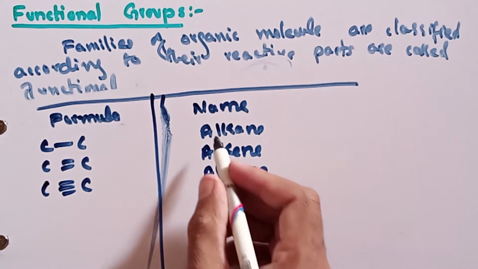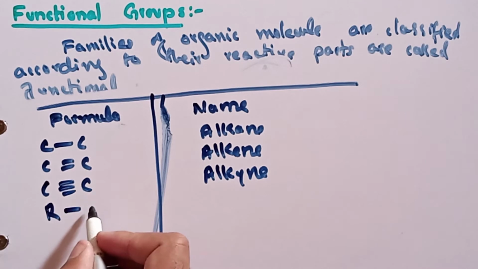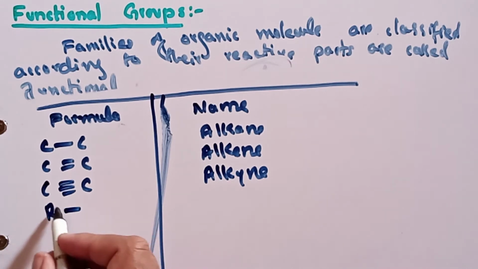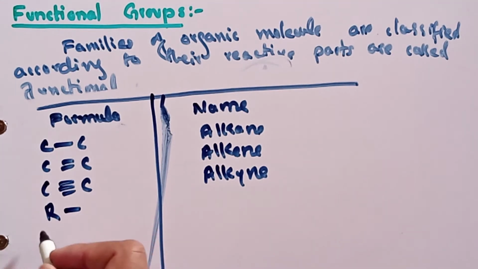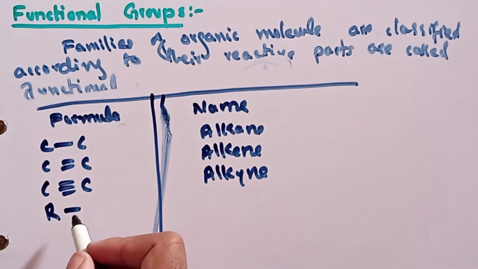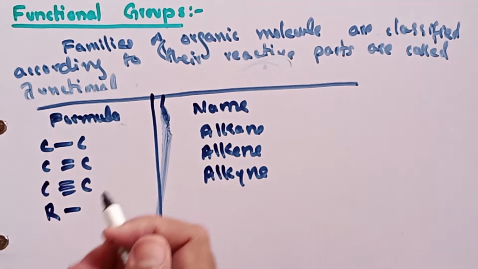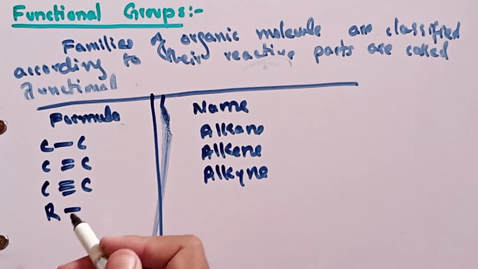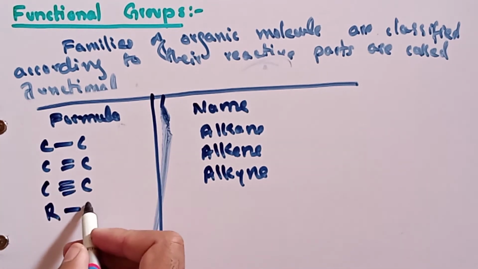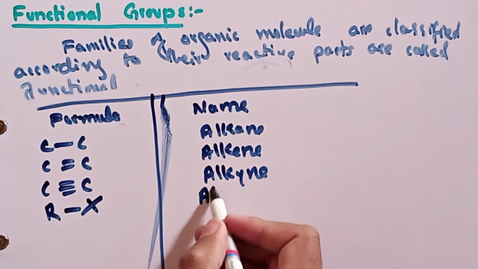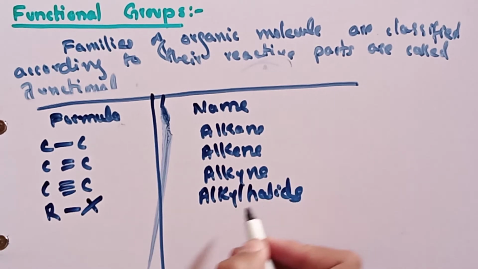R means an alkyl group, something that is attached to carbon. When an alkyl group, such as a one carbon alkane, two carbon alkane, or three carbon alkane, is attached to a halide, it is called alkyl halide. These are also functional groups.